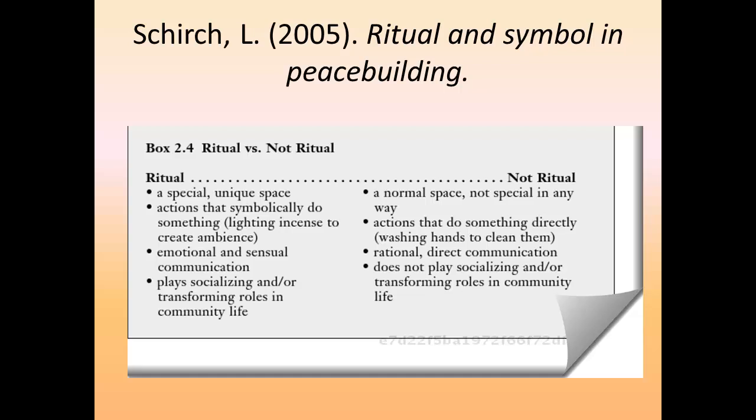Schirch's book on rituals and symbols in peacebuilding gives many examples that deviate from only coding data that seems to fit into a rational decision-making process. Schirch classifies rituals as religious and secular, traditional and improvised, formal and informal, forming and transforming, constructive and destructive.